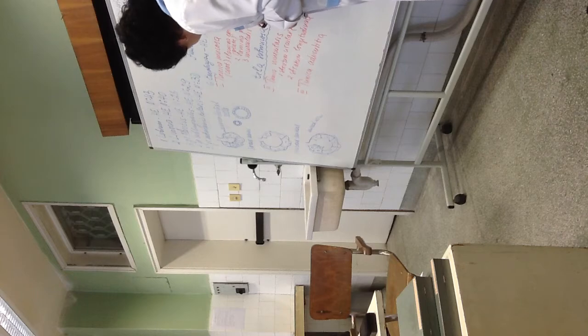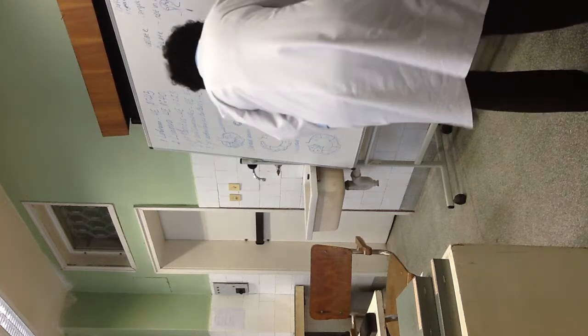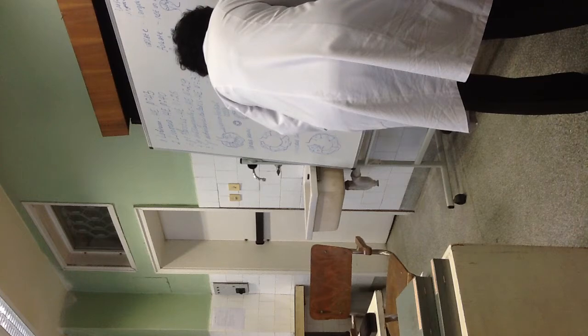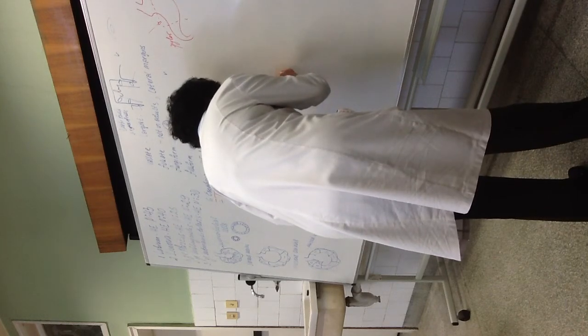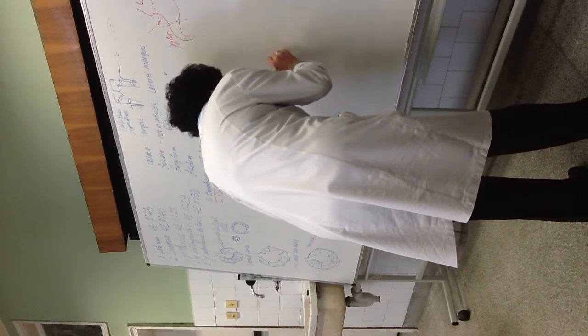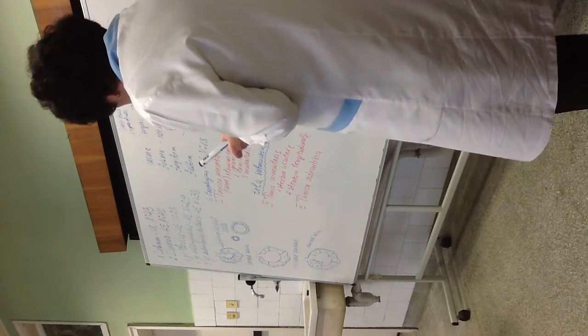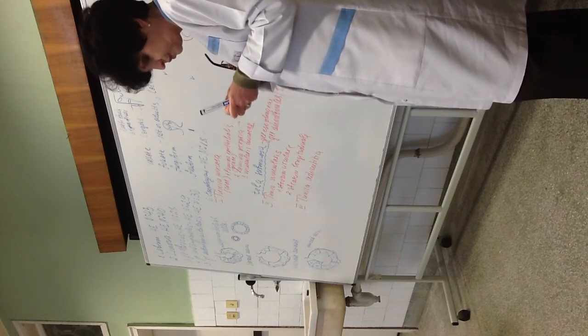In the duodenum, the name of these glands is glandulae duodenales, or Brunner's glands.